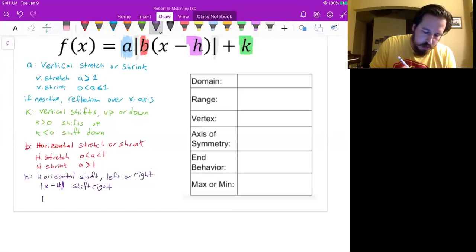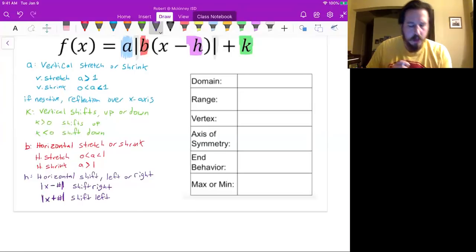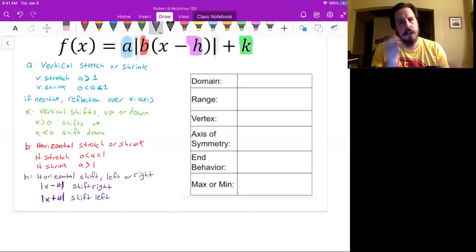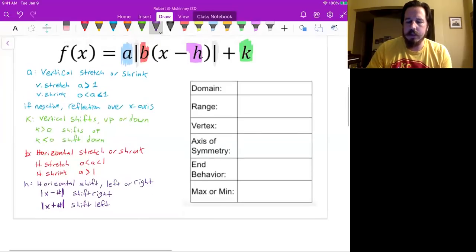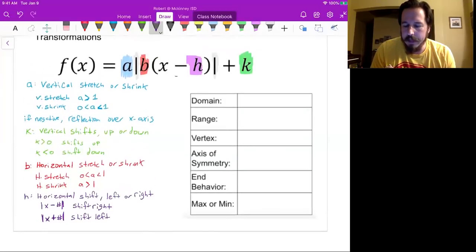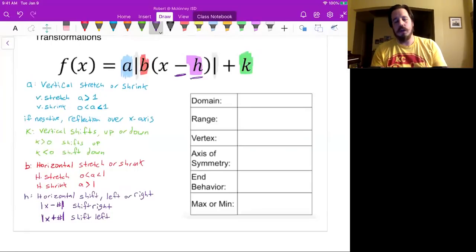If you have X plus a number inside of there, then that will shift it to the left. I know that seems backwards from what you might think, because if it's plus, that should move it right. However, because the equation is minus H, that's where it goes opposite.